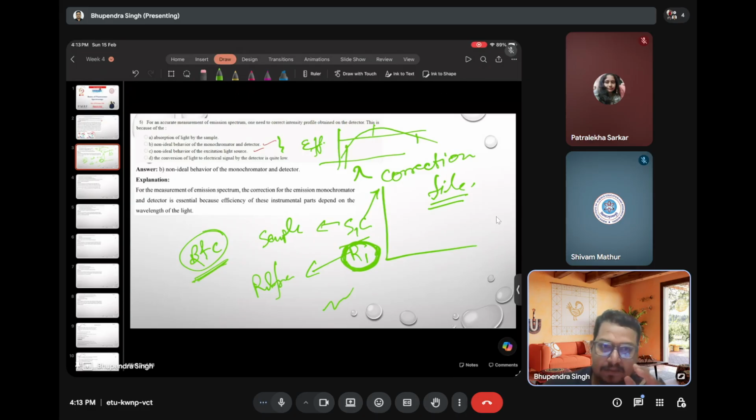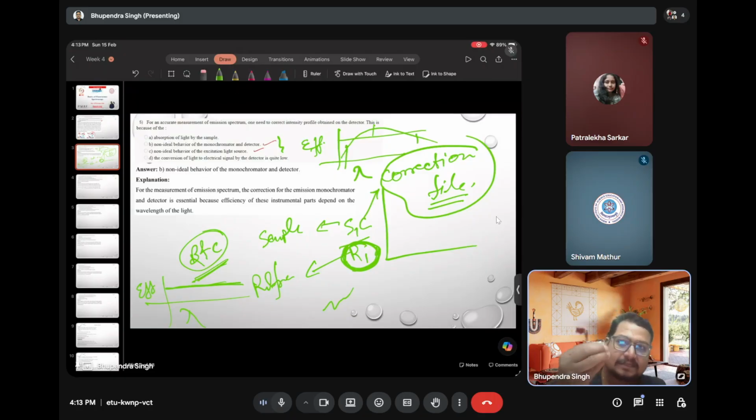So that is why we have to correct it, and because of this the correction file comes. Similarly for the monochromator, the efficiency across wavelength ideally should be constant.